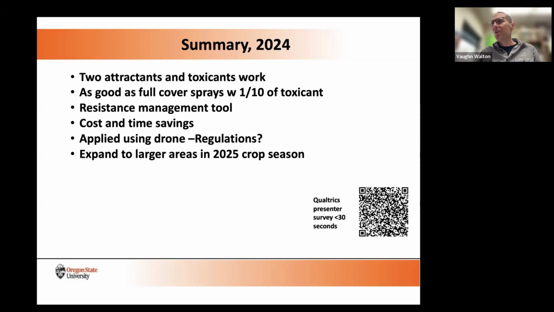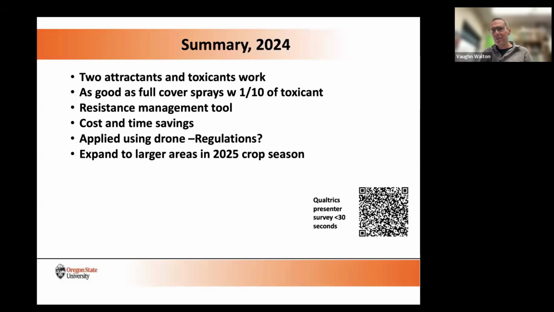We are able to target our pest insect very efficiently because it's attracted to the toxicant, instead of the full cover spray where the insect accidentally lands on the toxicant. We believe that this is a very useful resistance management tool. We've got some trials going on to illustrate that as well. In certain situations, especially with bigger operations, we believe that our growers can save a lot of cost and time.